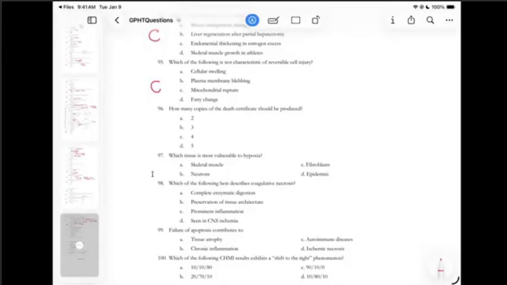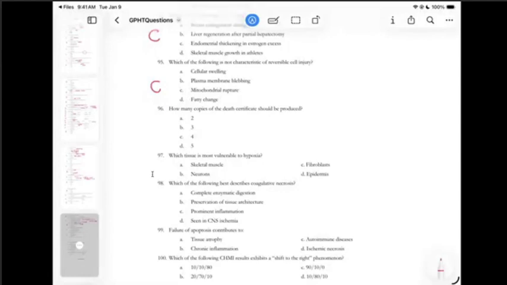If there is rupture of the membrane, damage of mitochondria, or nuclear degradation, those are all irreversible. But if it's just swelling, blebbing, and fatty changes, that's still reversible. So number 95, letter C. And take note, mitochondrial rupture means irreversible injury, and that leads to death.